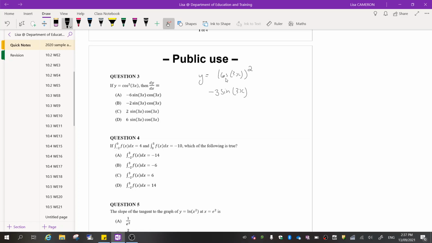So that's the derivative of the inside multiplied by the derivative of the outside. Now the 2 minus 1, we'll just leave that as 2. And then I can put this back inside. Okay, so now all I have to do, negative 3 times 2 makes negative 6. Sine 3x bracket cos 3x. So that one matches up with A.